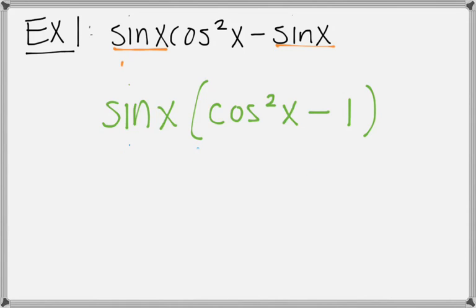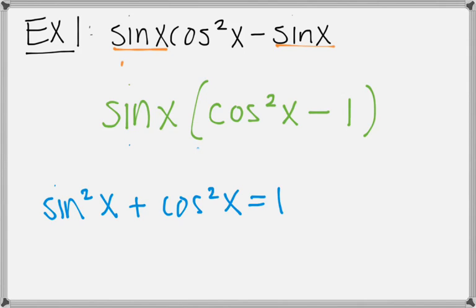Now, Saurav said that we could replace cosine squared of x minus 1 with negative sine squared of x. I'm not so sure that everybody's going to pick up on that instantly. While it is 100% true, Saurav, how do I use this Pythagorean identity and change it into negative sine squared of x?